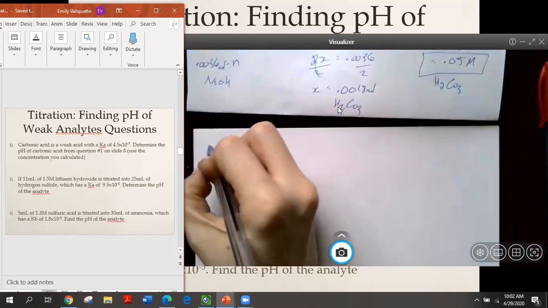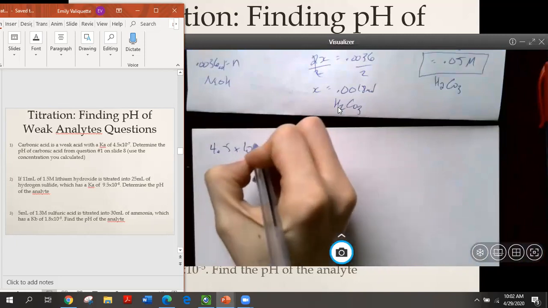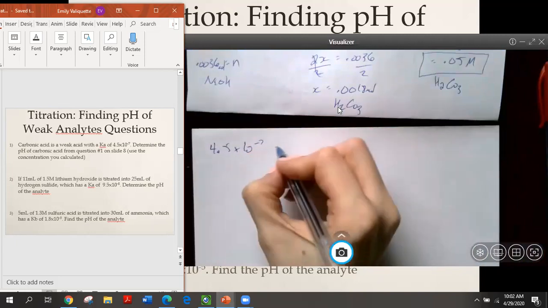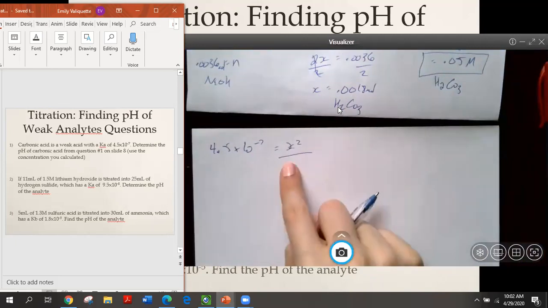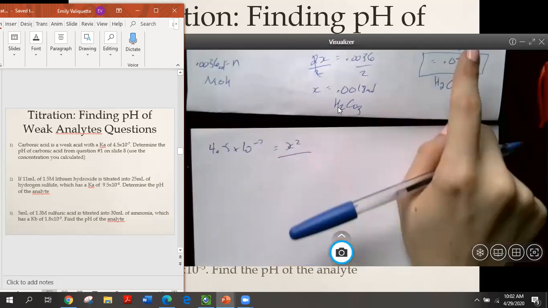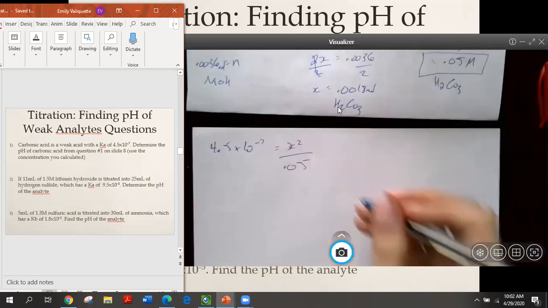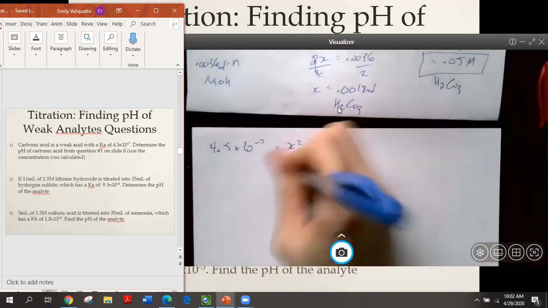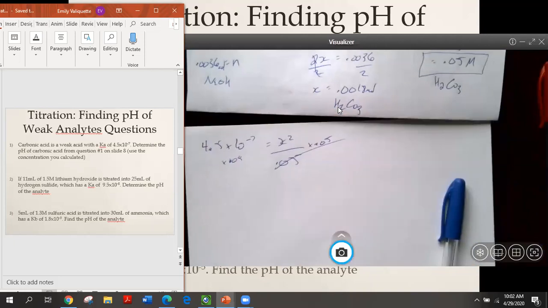So the Ka is 4.5 times 10 to the negative 7. On the top, we have our x squared, and then on the bottom, we have the concentration of our acid, which is what we've calculated, so the 0.05. Then, of course, we multiply by 0.05 on both sides.